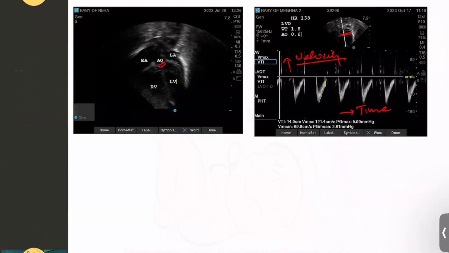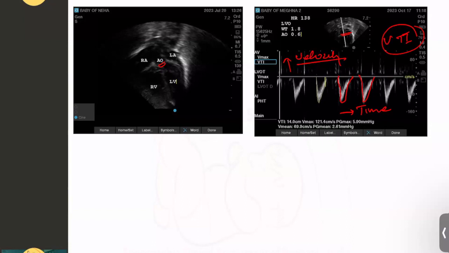This is the velocity time integral, which is called VTI. Velocity time integral is when you trace this envelope. The machine will do it automatically, or you can do it manually. Velocity time integral is the area under the curve of velocity against time.